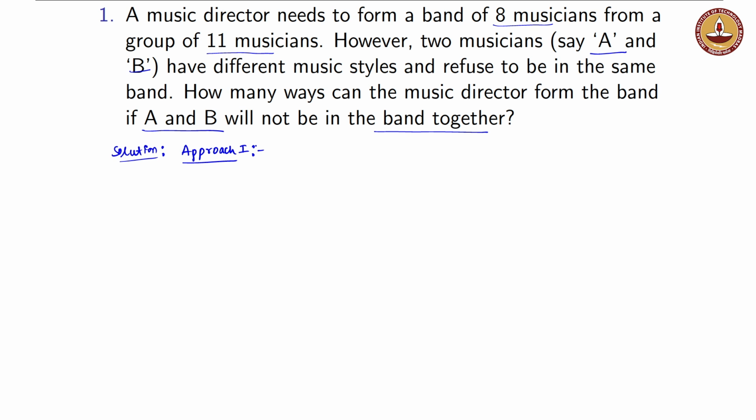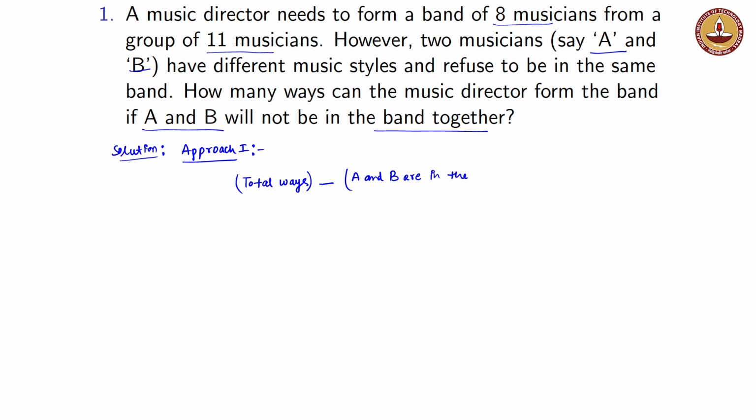So what we will do is subtract, from the total ways of selecting people to form the band, the ways when A and B are in the band together.